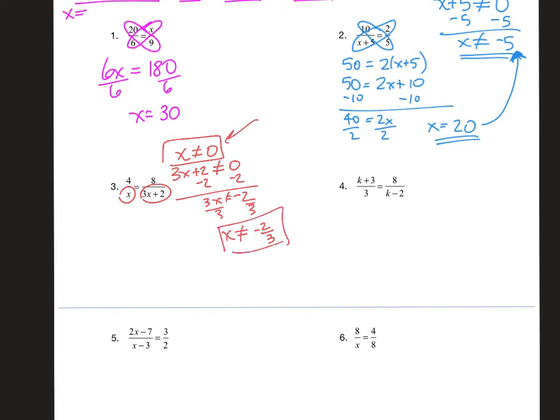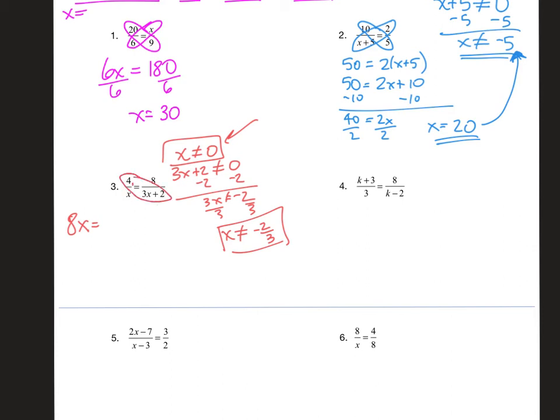Okay, so now cross multiplying, I get 8x. And then here, there's some stuff in my way, so let me erase this. On this cross multiplying, I'm just going to distribute as I go.